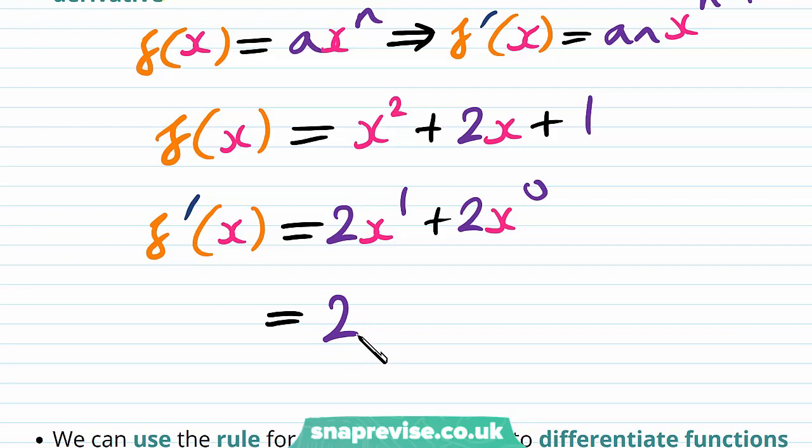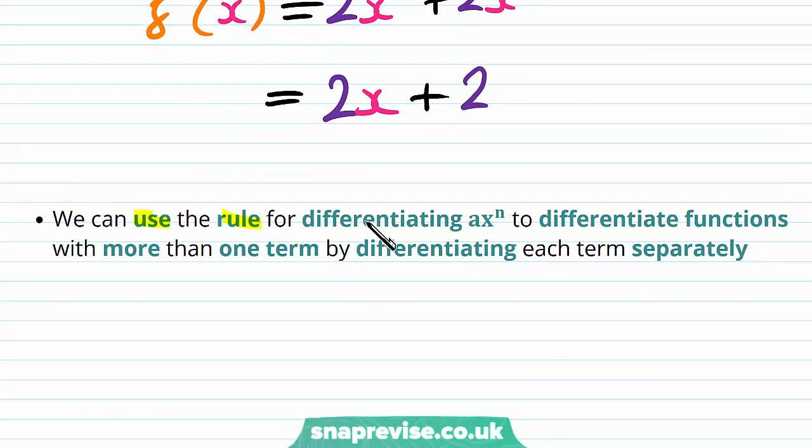But again, the key thing is that we can just add up the derivative of each term in order to find the derivative of the whole expression. We can use the rule for differentiating ax to the power of n to differentiate functions with more than one term by differentiating each term separately.